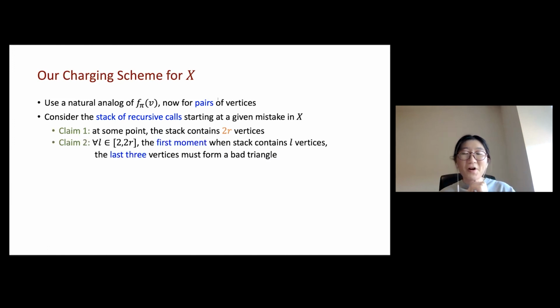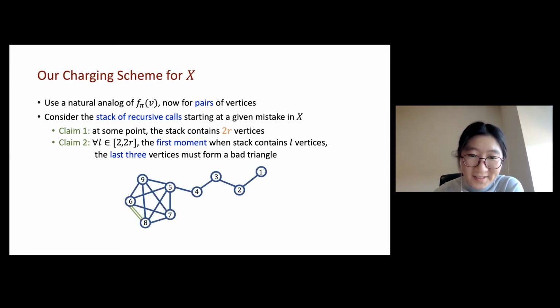We're also interested in the first moment that this stack contains L vertices, for some L that's no greater than 2R. And we show that the moment this happens, the last 3 vertices in the stack must form a bad triangle.